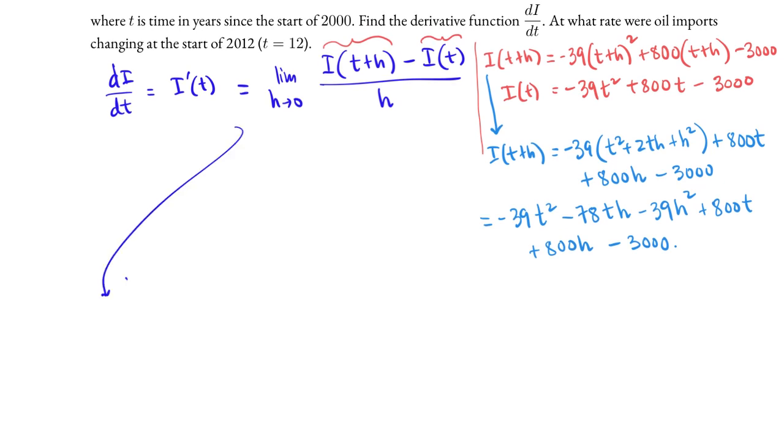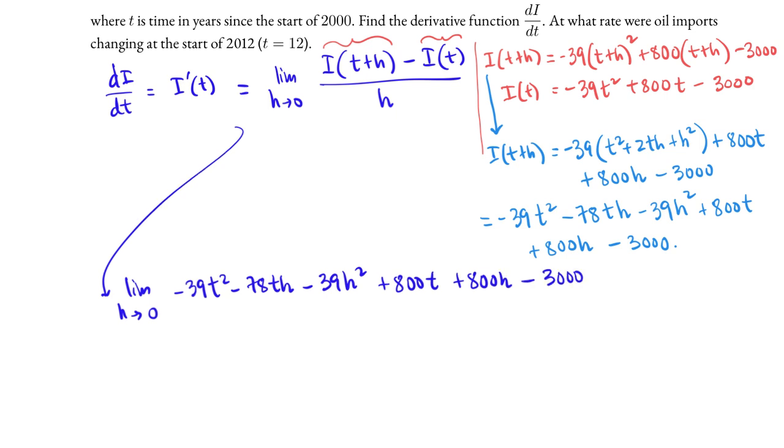We then put these back into the limit formula. This is the limit as h goes to 0. We replace I of t plus h with negative 39t squared minus 78th minus 39h squared plus 800t plus 800h minus 3000.